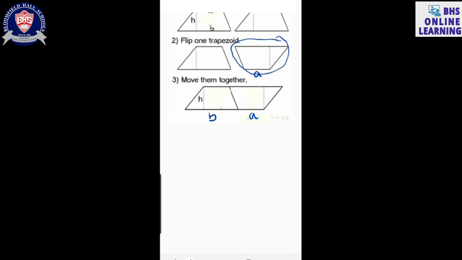Now let's see how we derive the formula for the area of a trapezium with the help of the parallelogram. I know that the formula for the area of a parallelogram is base multiplied by height. The height of the parallelogram is the same as the height of the trapezium.